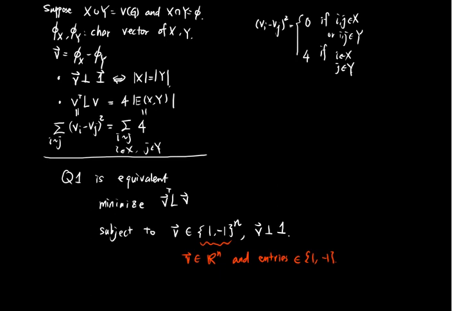So our question was asking for the minimum number of edges in between, and you want to run through all the different partitions. Now we switch the question into checking the vector V. This vector V has all the entries in 1 or minus 1, indicating that each entry belongs to X or Y. And you want this vector to be orthogonal to 1, so that the partition is balanced: the number of 1s equals the number of minus 1s.